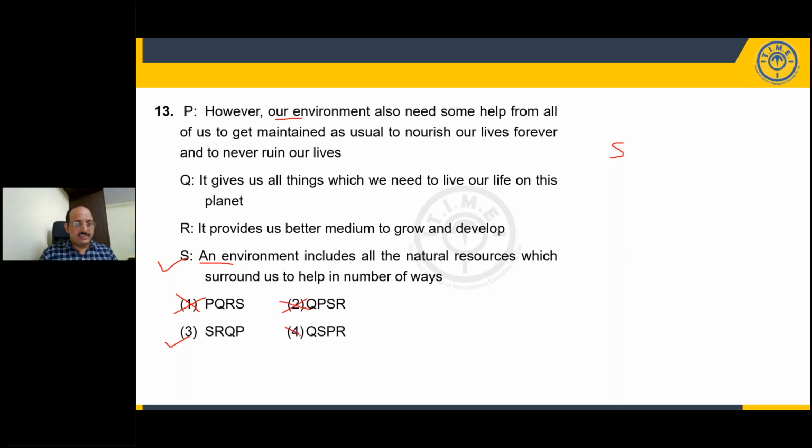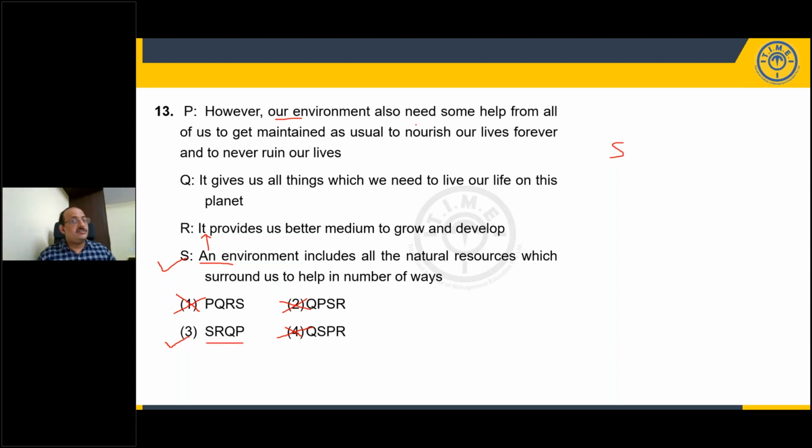Let's read this once. An environment includes all the natural resources which surround us to help us in a number of ways. This, it is the environment. So it provides us with a better medium to grow and develop. It gives us all things that we need to live our lives on this planet. However, our environment also needs some help from us to get maintained. So very correct, SRQP.